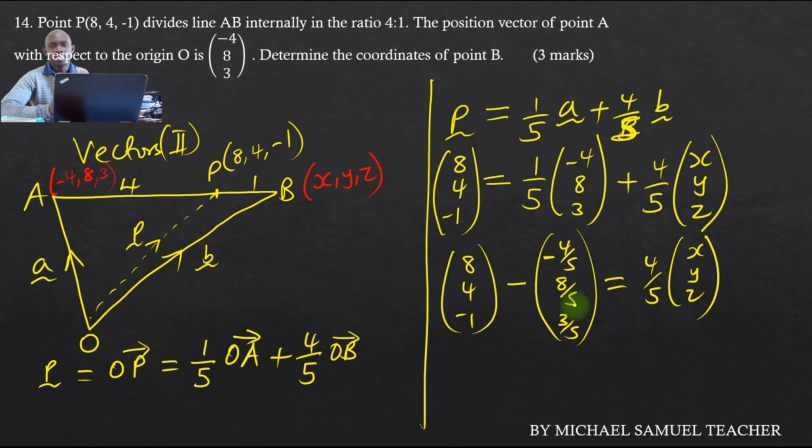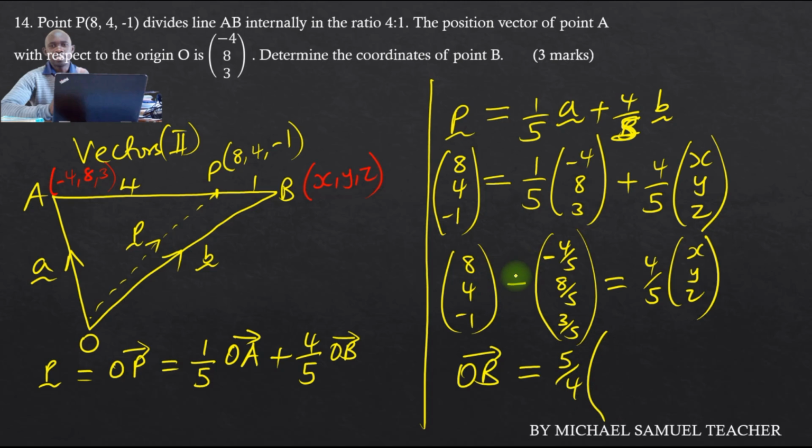If we subtract, so OB will be, whatever value we have here, divided through by 5 over 4.